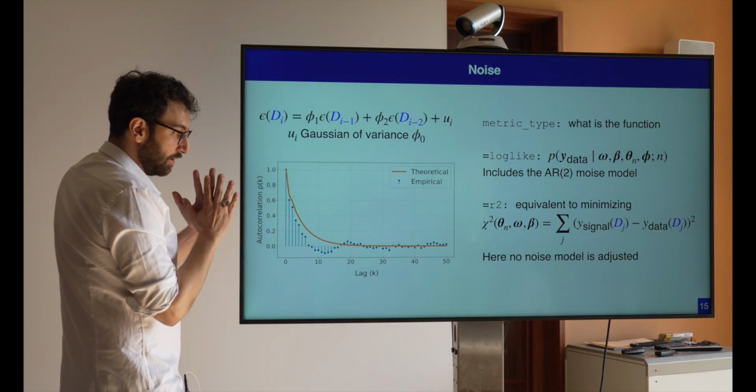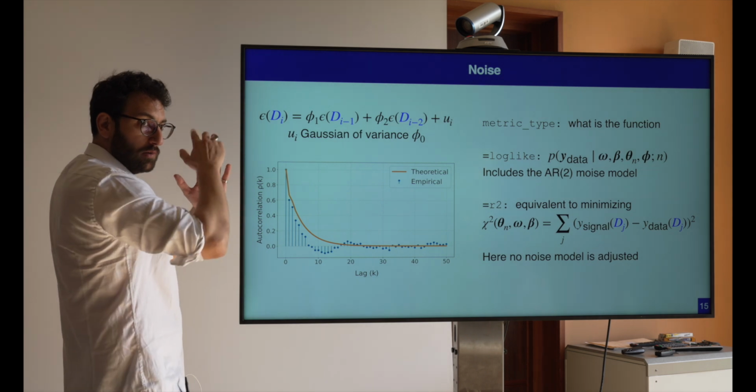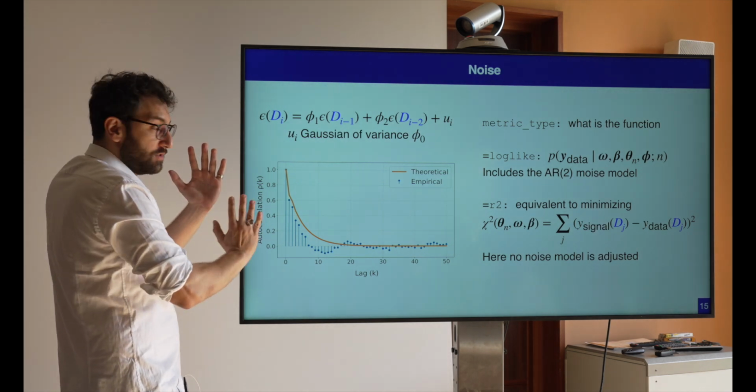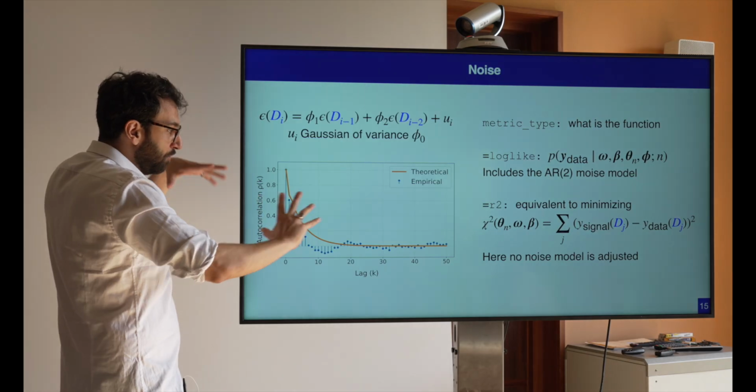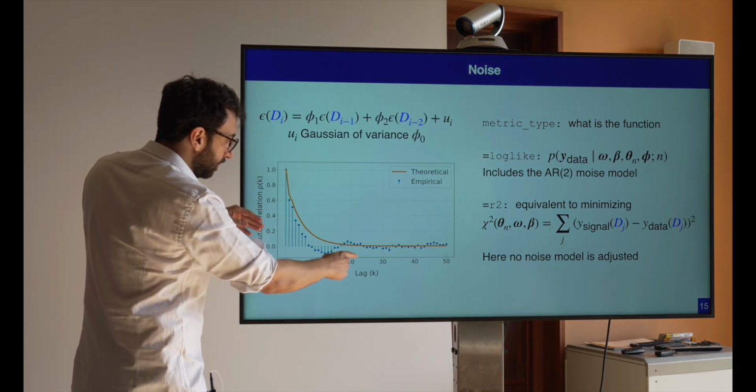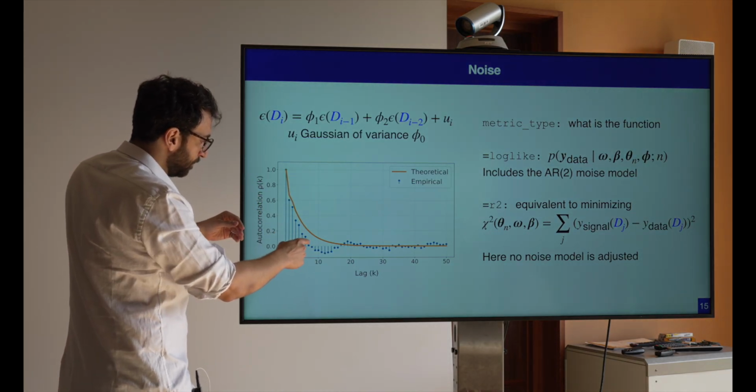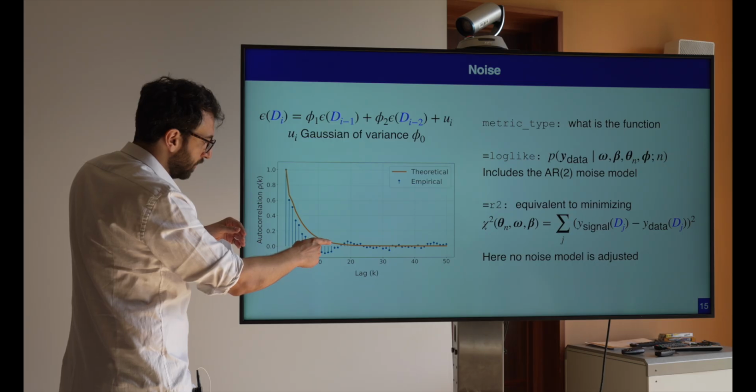If you shift it a little bit, it still looks like the initial copy, but as you move away, they become more and more different. That's what the autocorrelation function captures.